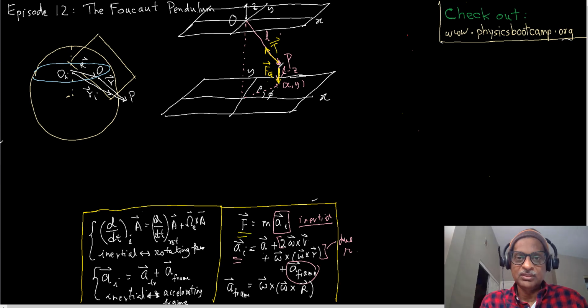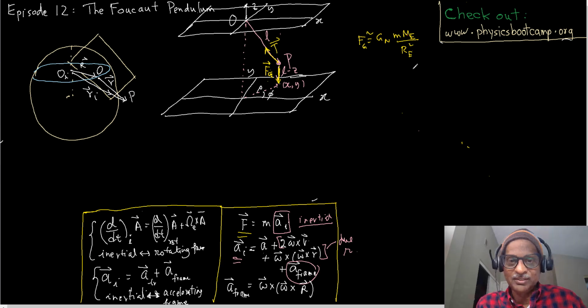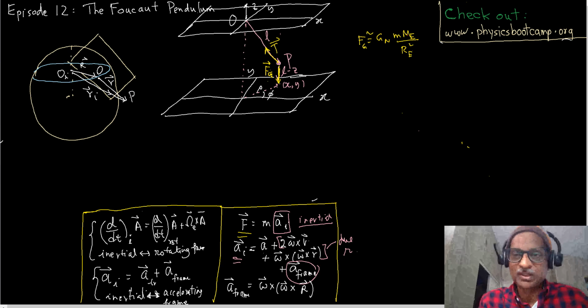There are two forces, and this is Fg with the capital G, because Fg is G, Newton's constant, times the mass of Earth over the radius of Earth squared, almost, because this pendulum is very close to the Earth, and the difference between the radius of the Earth and a little bit above Earth is not very much. So we just take the magnitude like that.